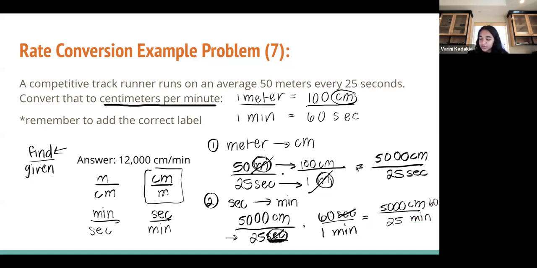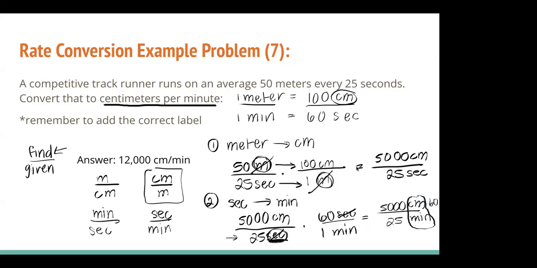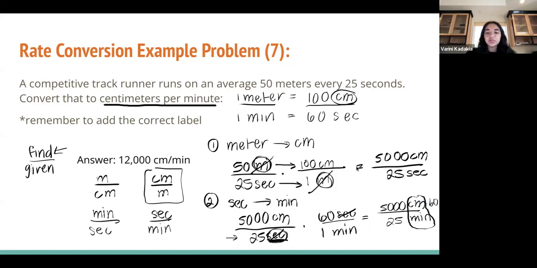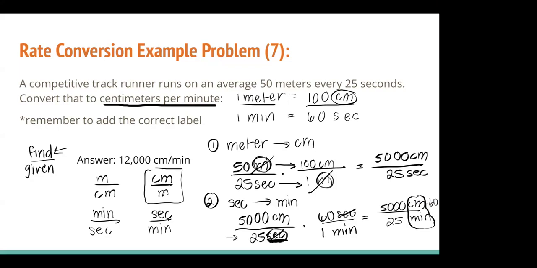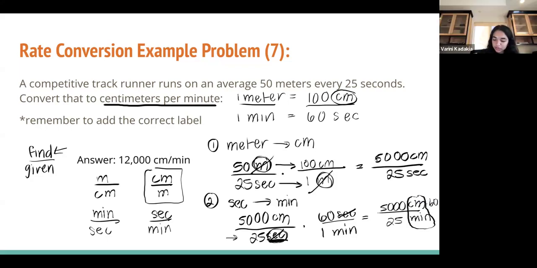Aren't these the units that we wanted, centimeters per minute? Yeah, so now all we have to do is write it out, 5,000 times 60 divided by 25, and we get 12,000.